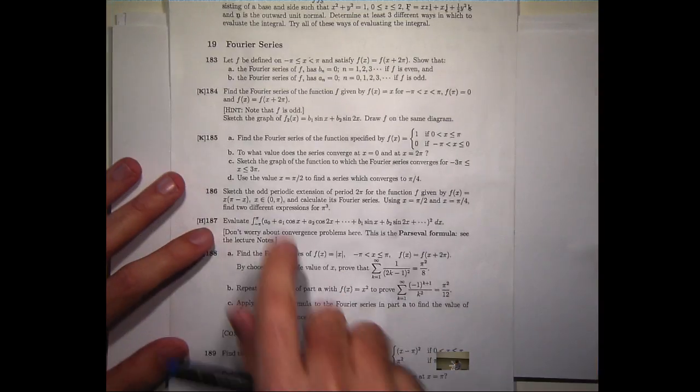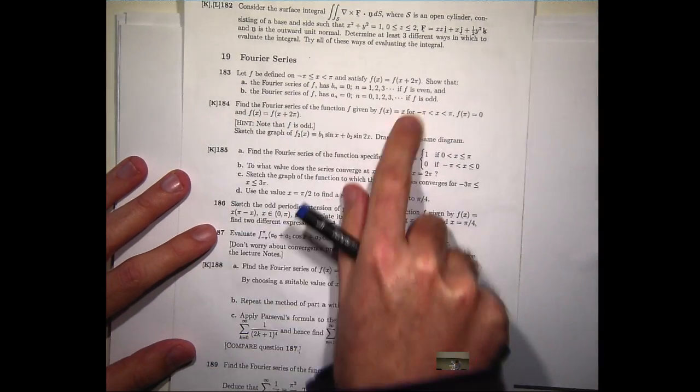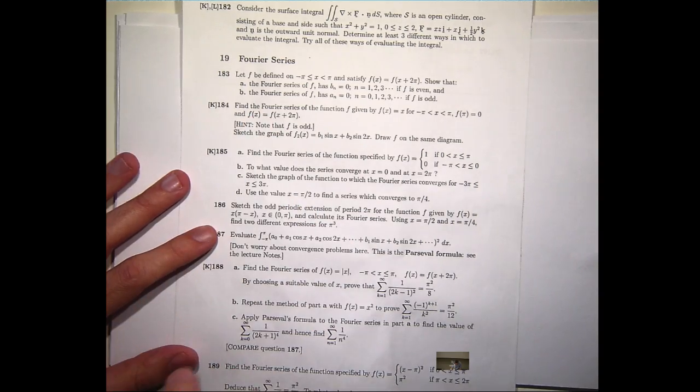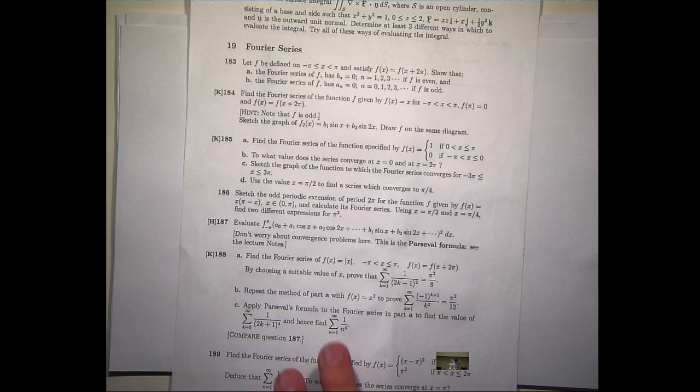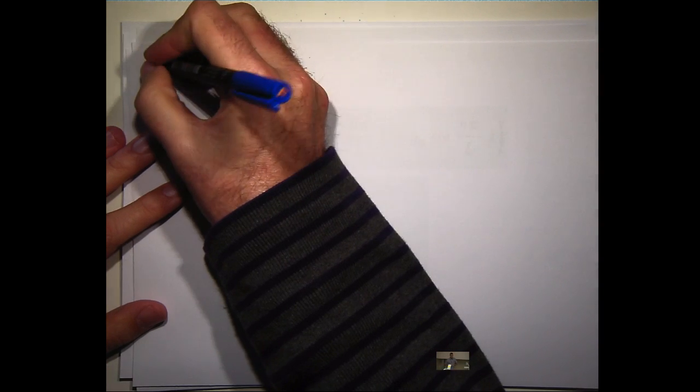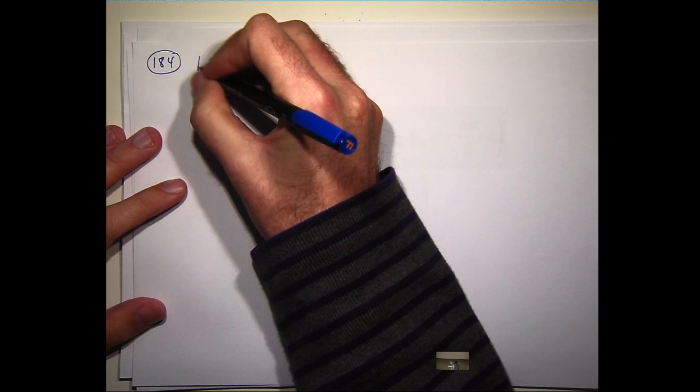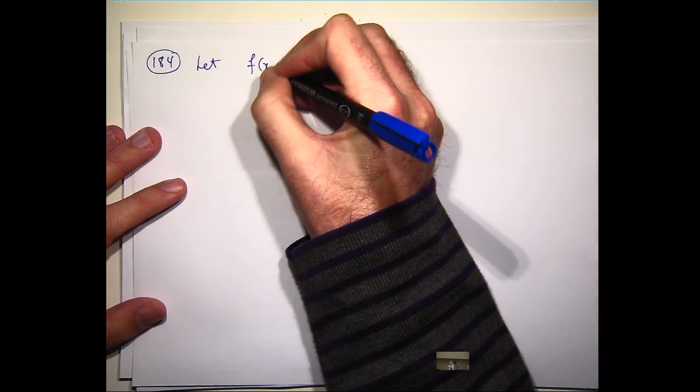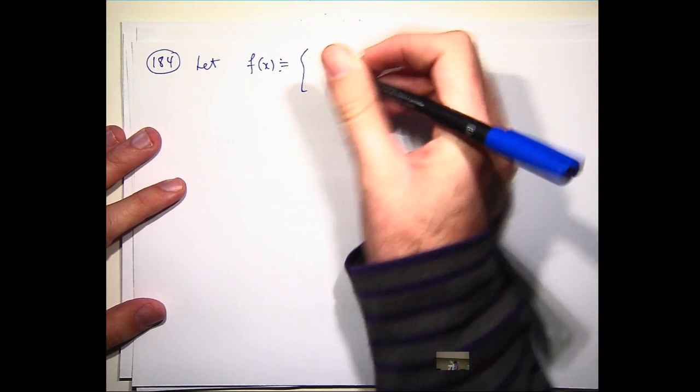All right, so a good thing that I like to do is actually just sketch the function first before I do any integration, because I can immediately determine whether the function's odd or even or neither. So I've got a function of one variable.